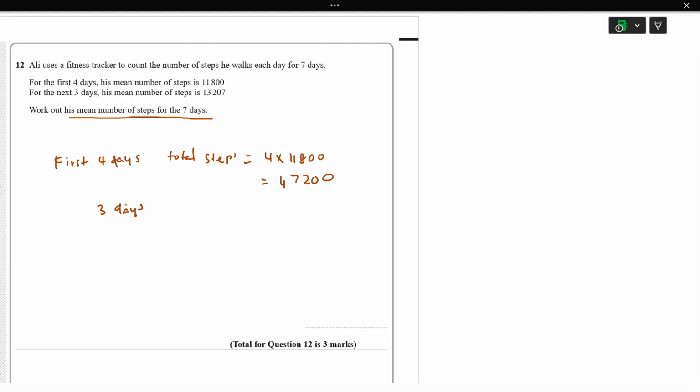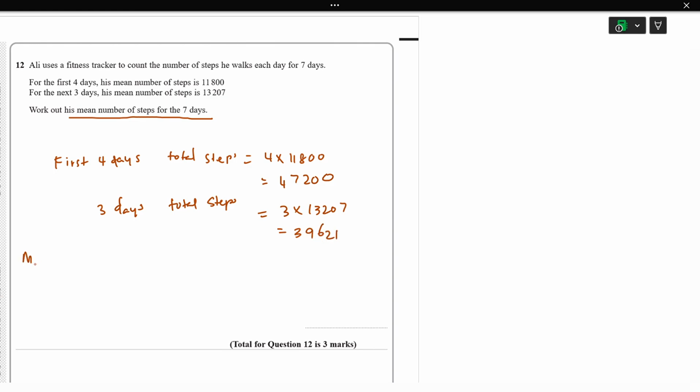Next 3 days total steps, which is 3 times 13207, which is 39621.